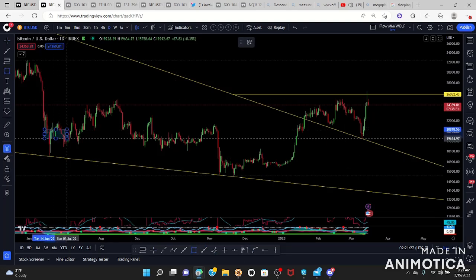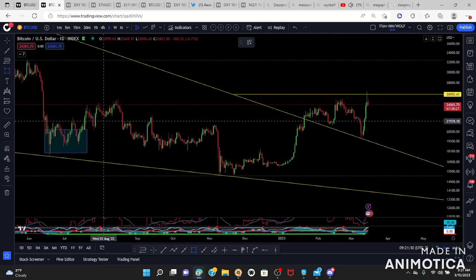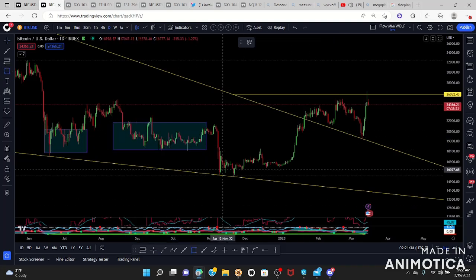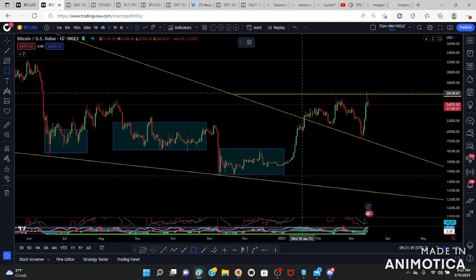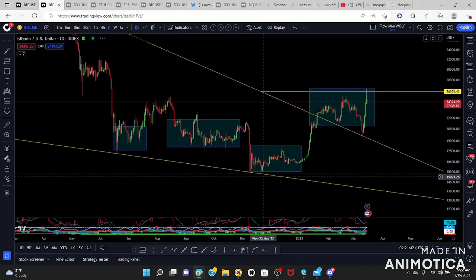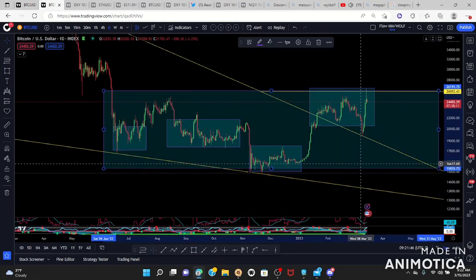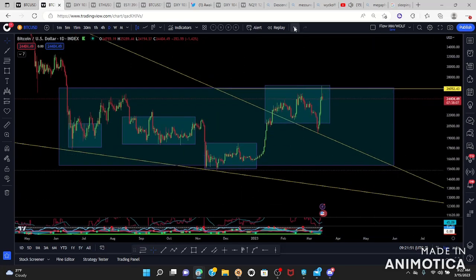We have a downtrend, we have a consolidation, we have uptrend, downtrend, consolidation, right, down, consolidation, also known as a contraction phase, uptrend, consolidation.